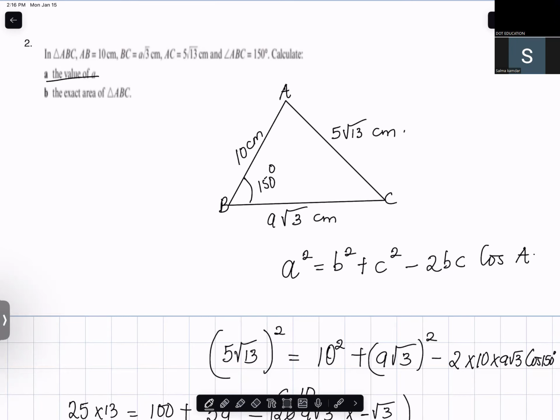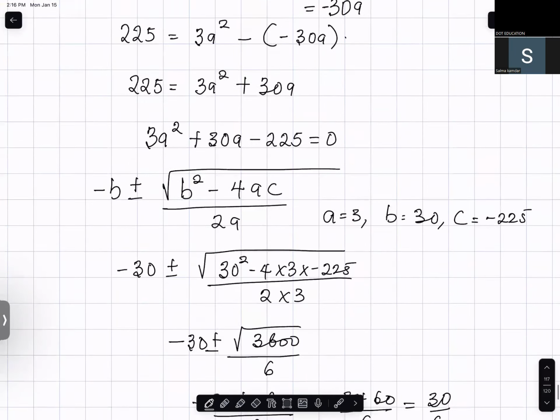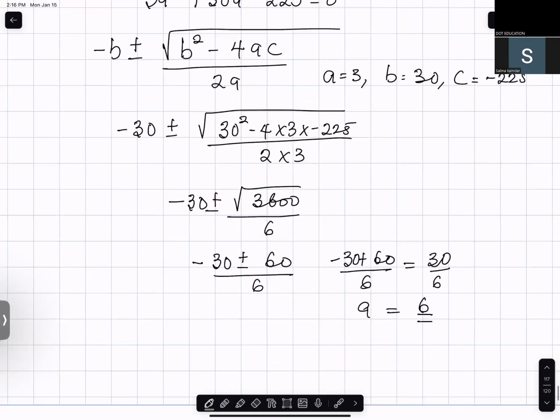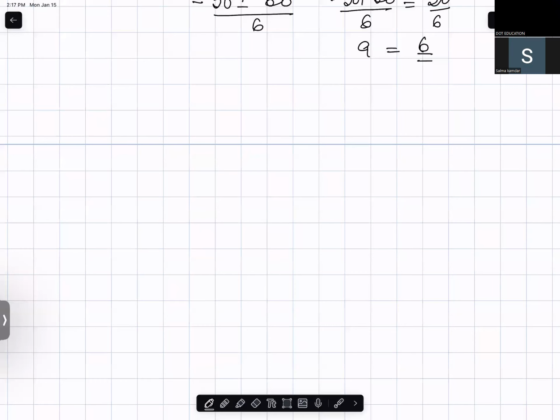So now we're looking for the exact area of triangle ABC. So the area of my triangle will be half ab sine theta, or sine C. So that is half into our a, which is 5 root 3, and our b is 10, sine 150 degrees.